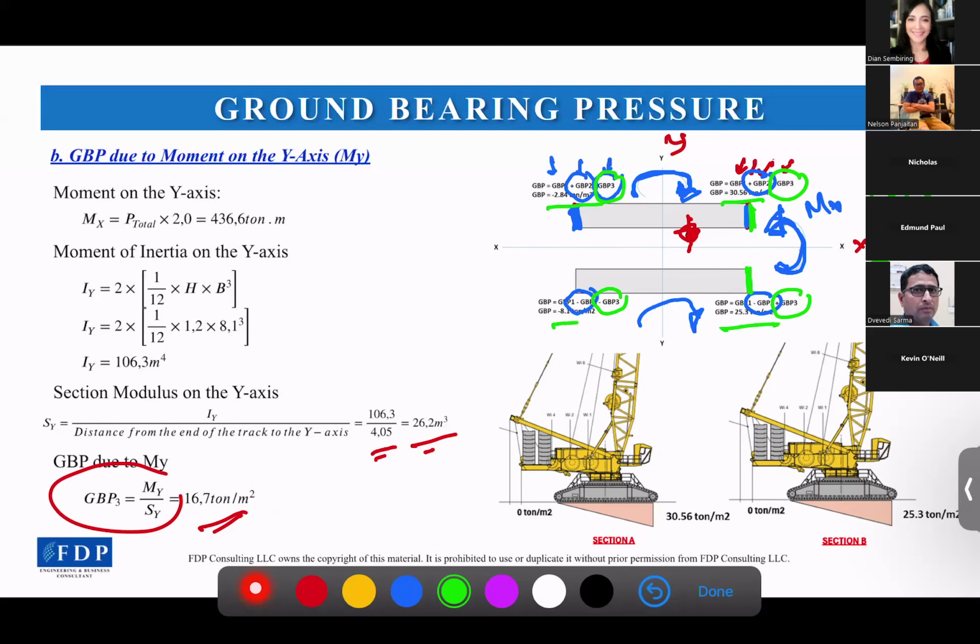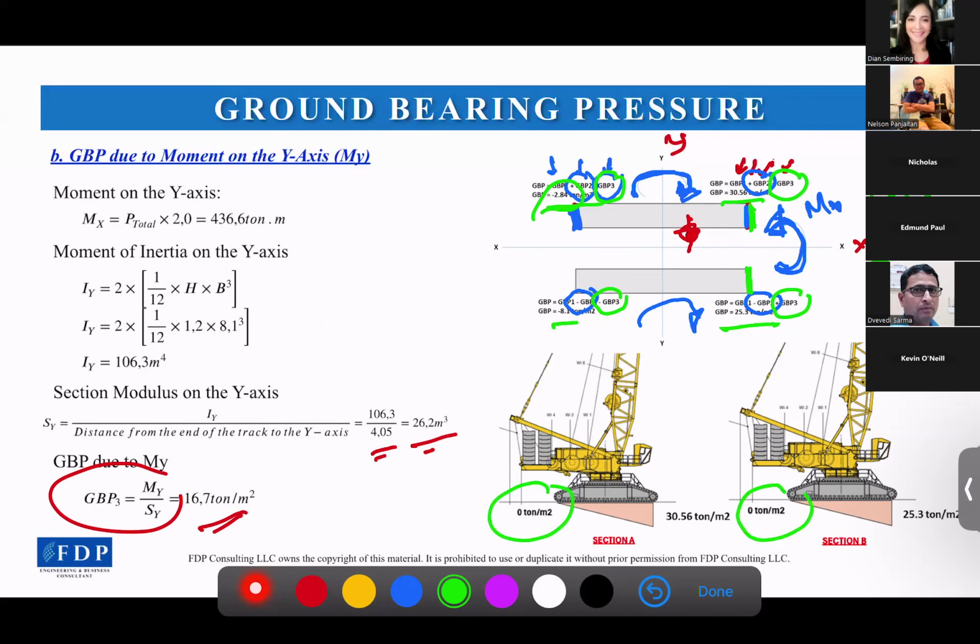Now the question is how this ground bearing pressure, if it's negative pressure, is distributed to the ground. So in this picture, I put that negative as a 0.